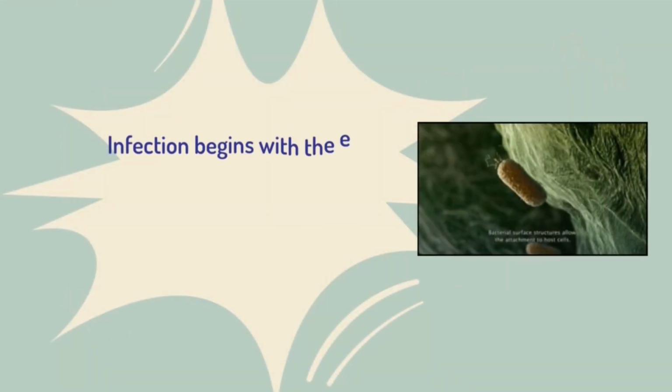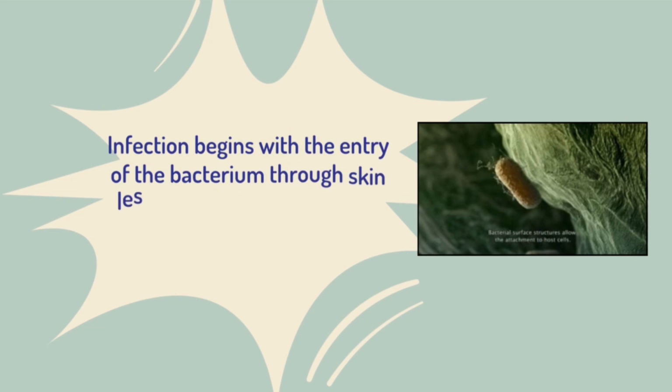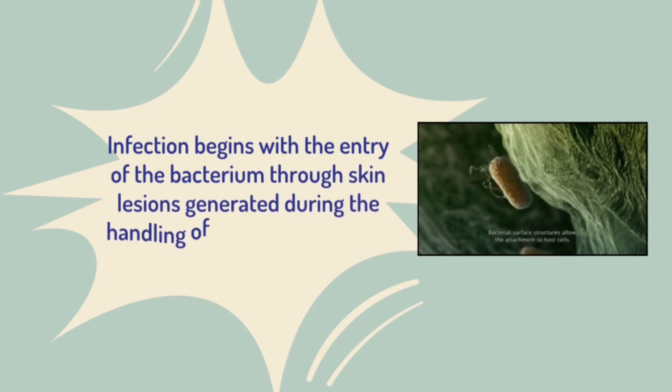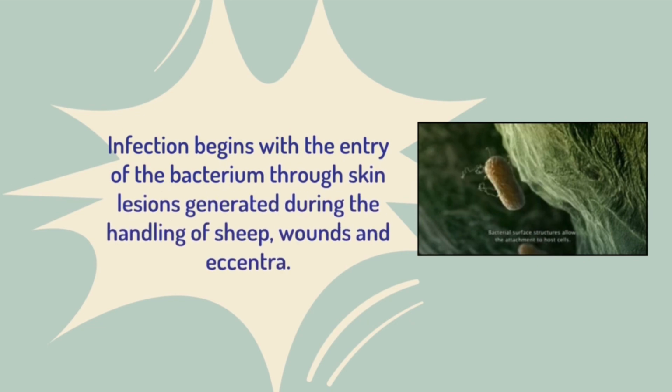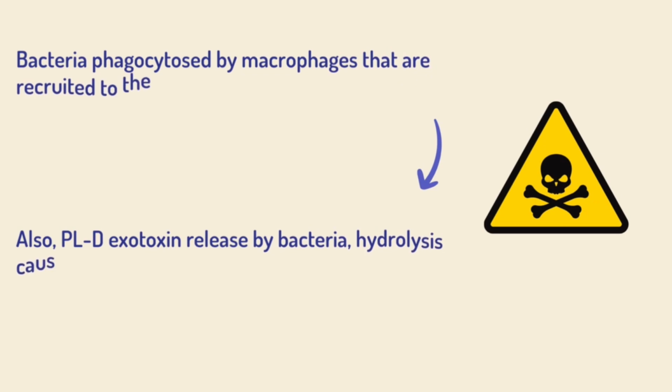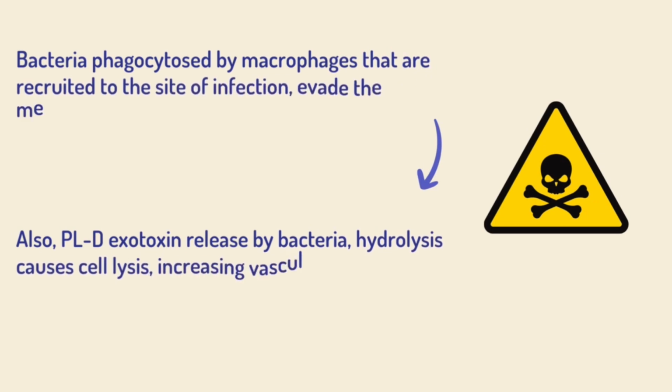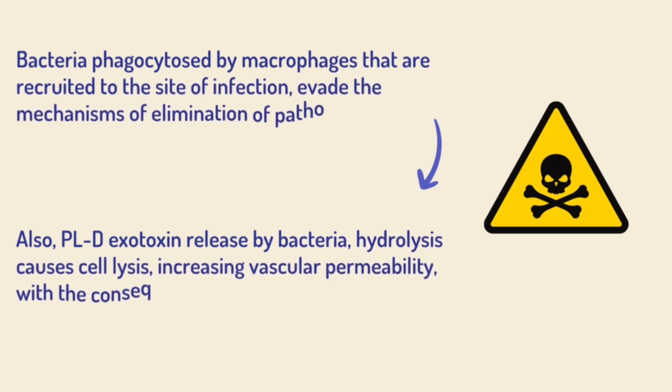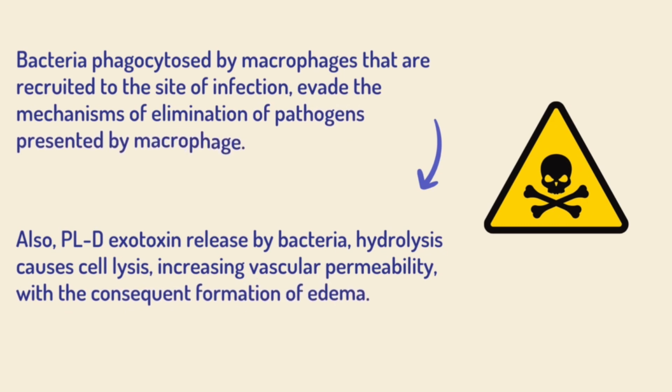The infection begins with the entry of the bacterium through skin lesions generated during handling of sheep, wounds, or even liquid dispersed. The bacteria phagocytized by the macrophages recruited to the site of infection evade the mechanisms of elimination presented by the macrophage.